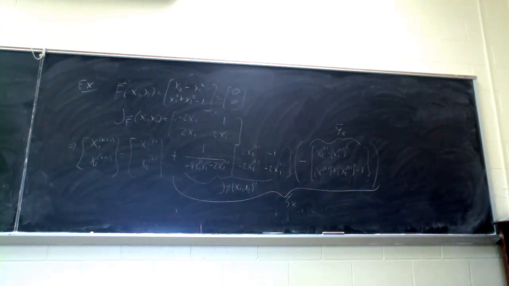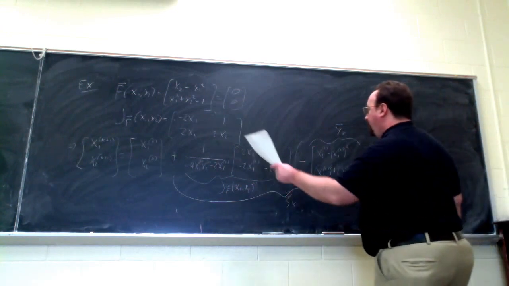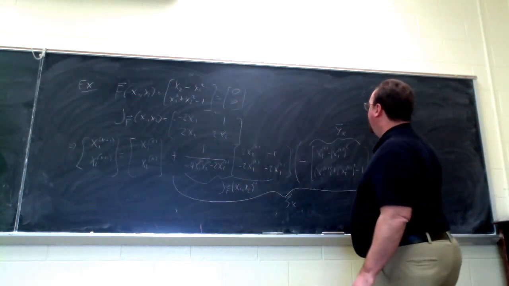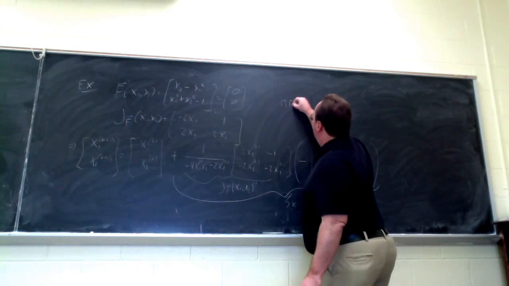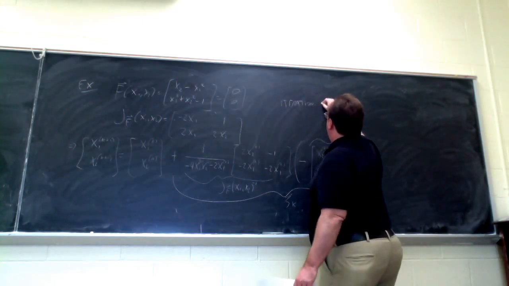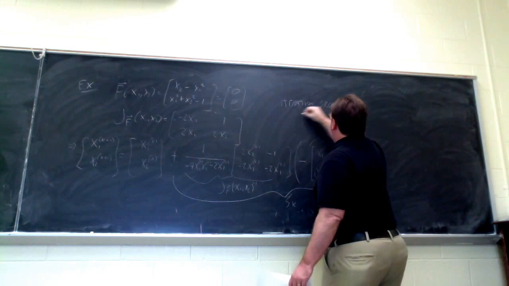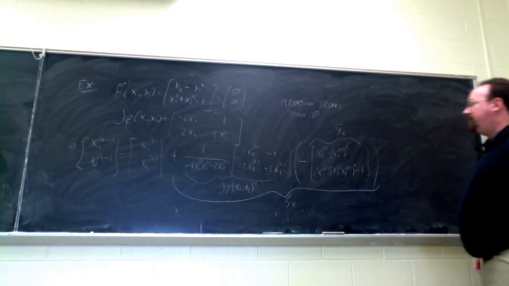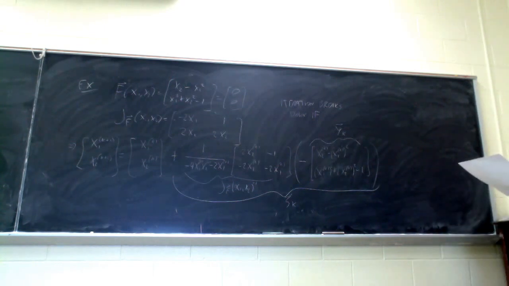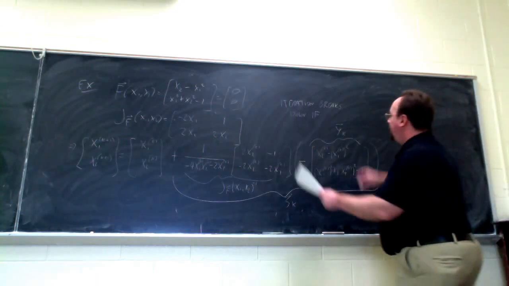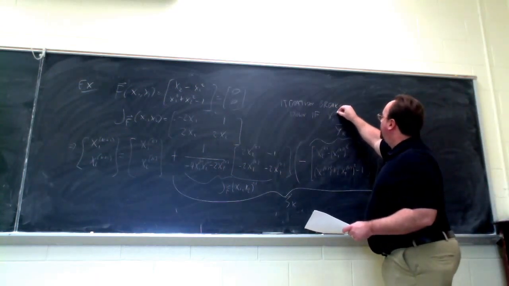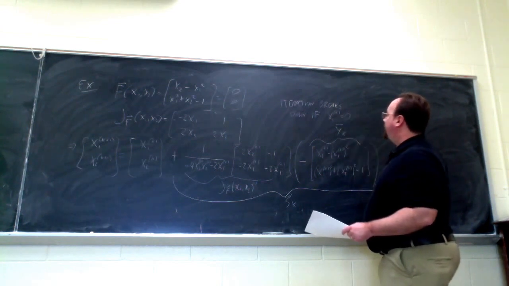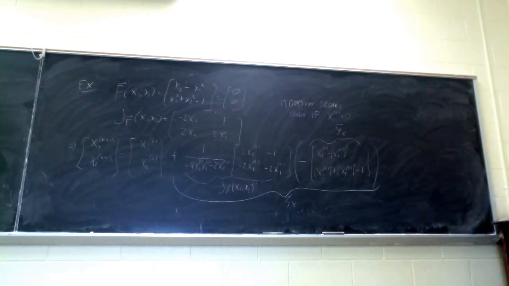But can anyone tell me, from looking at these formulas, what sort of things would make the iteration break down? Like if x1 k equals 0, and let's suppose it's not 0, what else could be a problem?